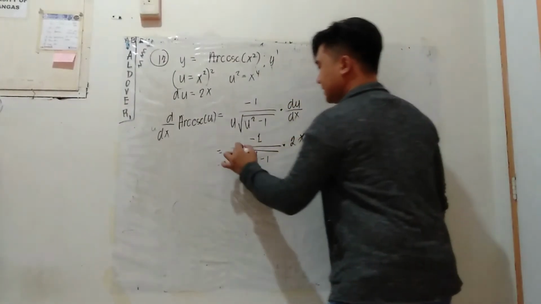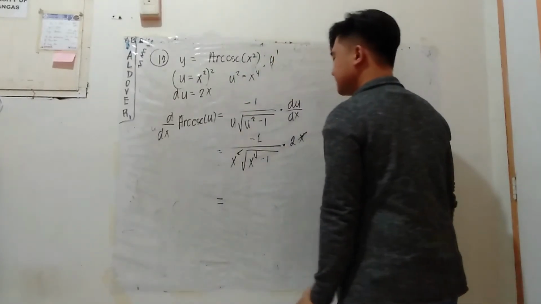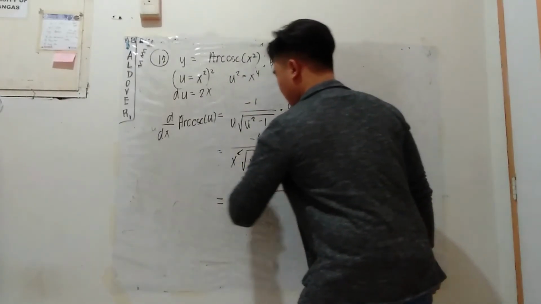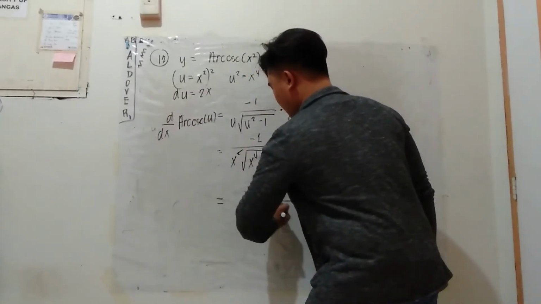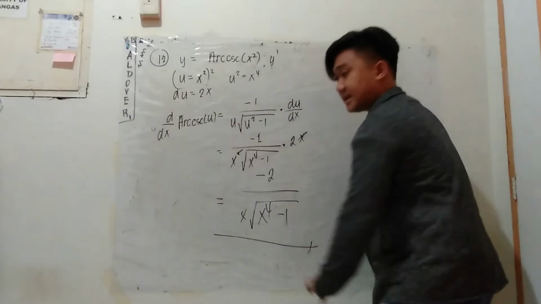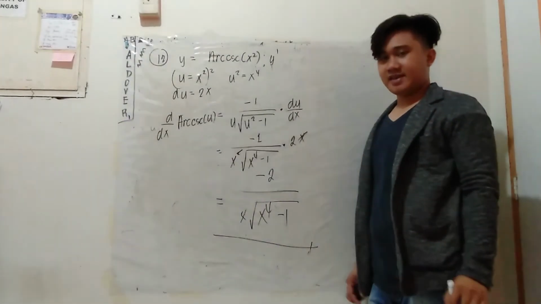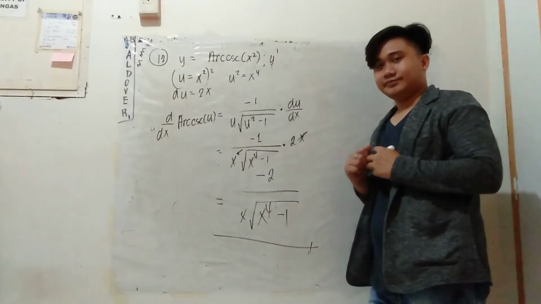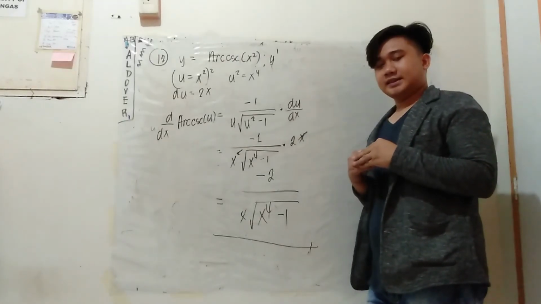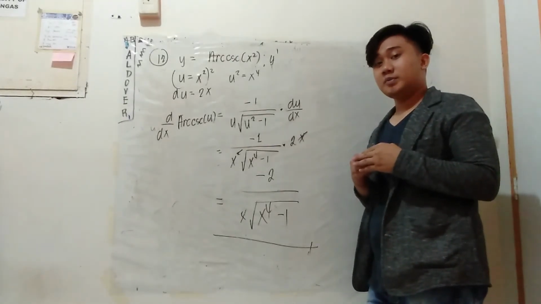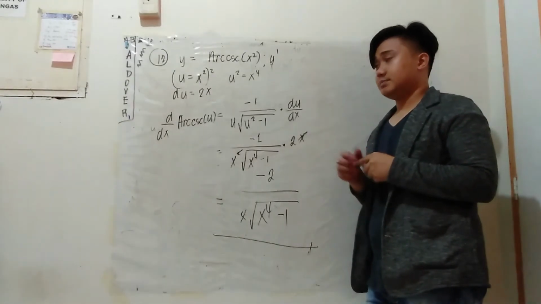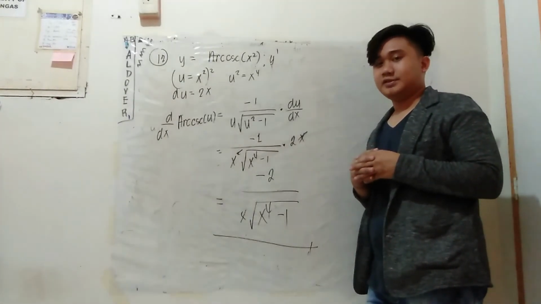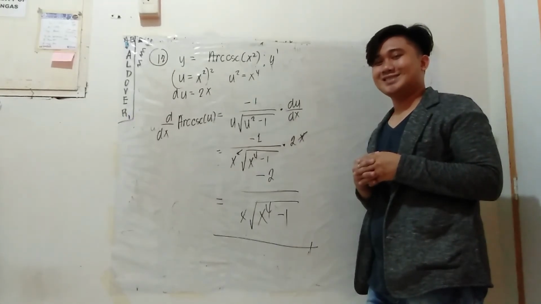So, something will cancel and your final answer is negative 2 all over x times square root of x raised to 4 minus 1. It is as easy as that. Okay? So, it is important that you know the formula or else you will not be able to answer the problem. So, that's it. Copy your notes.